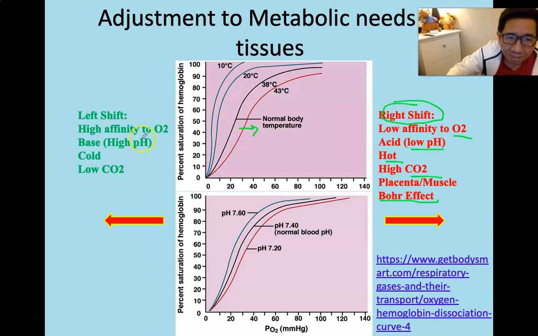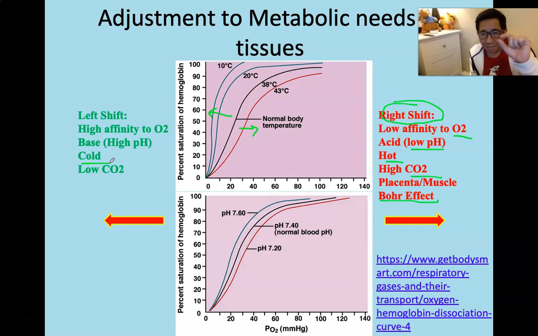You have the left shift, which is the opposite. It's moving to the left here. Your temperature goes down, so you become cold. You actually have more affinity to oxygen, so you have more oxygen in your body.